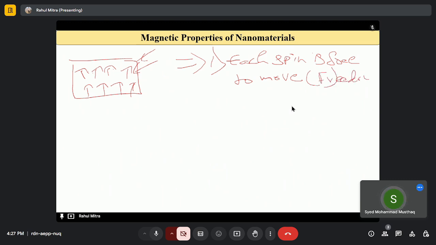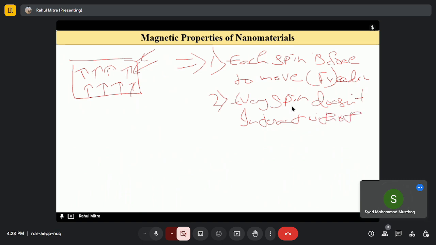That is one. Two, every spin doesn't interact with others.